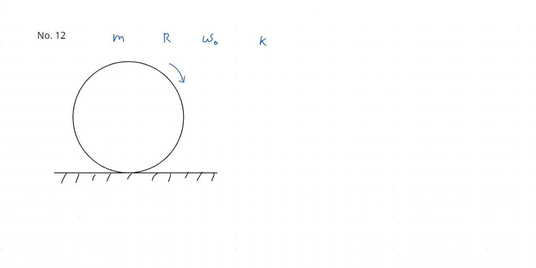So we have a cylinder on a plane surface, and there is also rotational motion, rotation of the cylinder in this direction that is shown by this arrow.